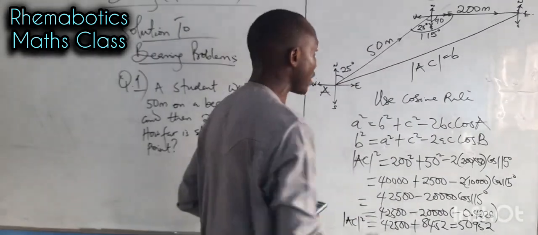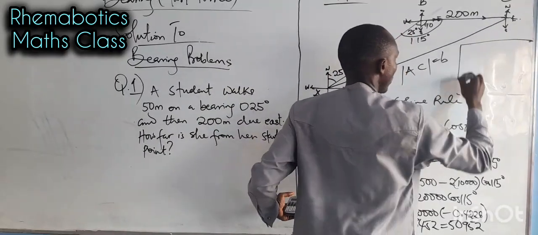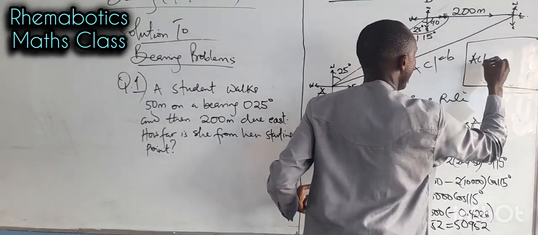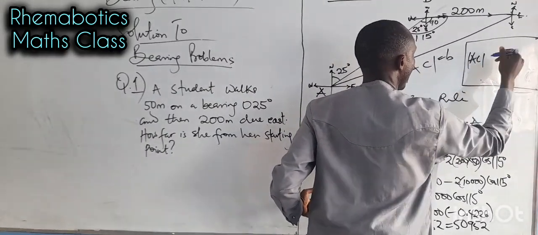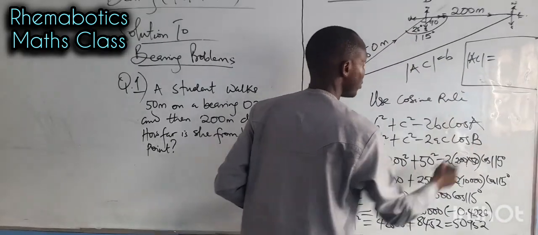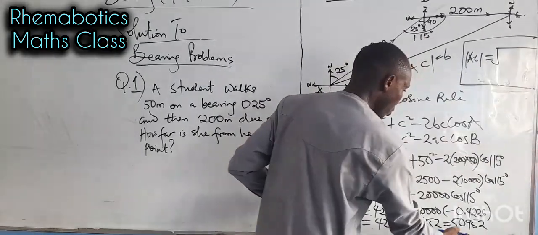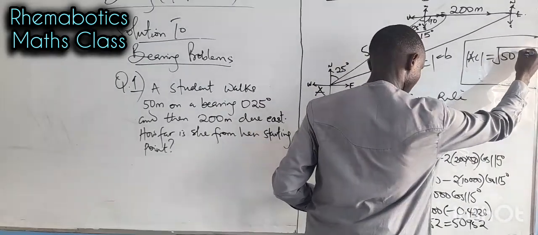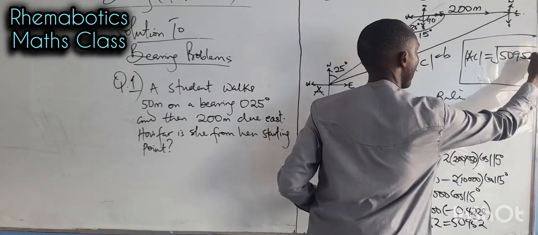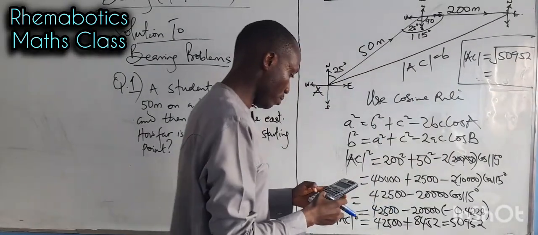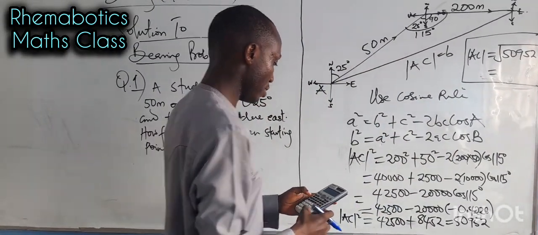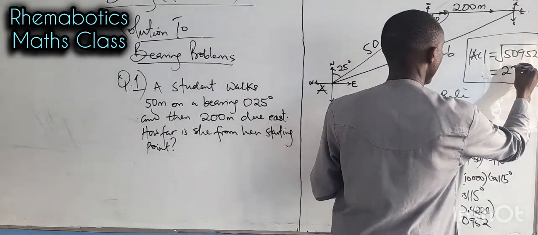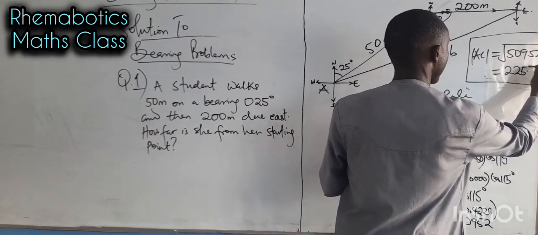So now let's get only AC. Only AC will be the square root of this value we have here. So what is the square root of this value? The square root of this is 225.7.